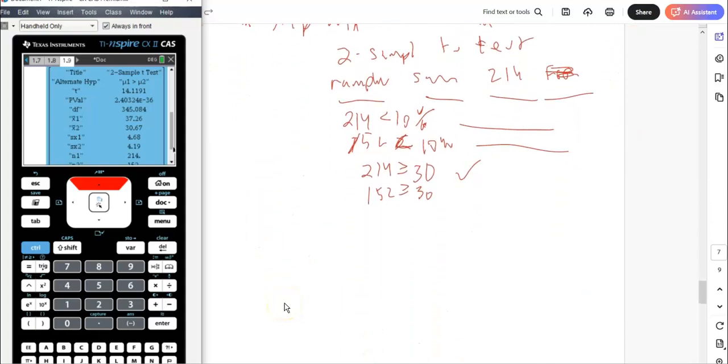So now we know the t-value, but let's just figure it out. So let's plug into the formula. It'd be 37.26 minus 30.67. You could say minus 0 there if you want.